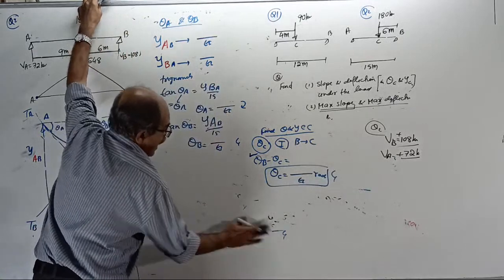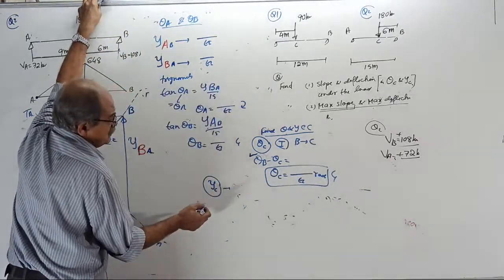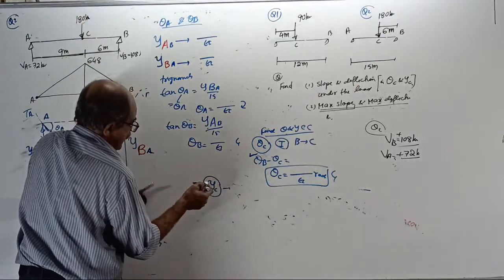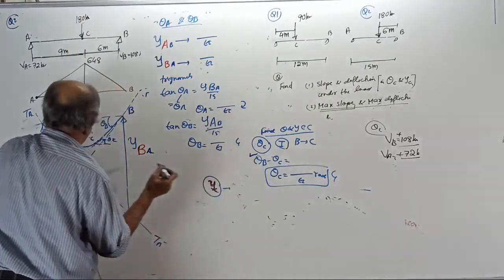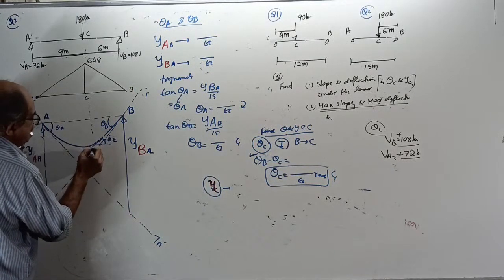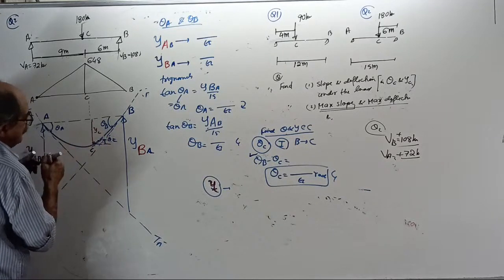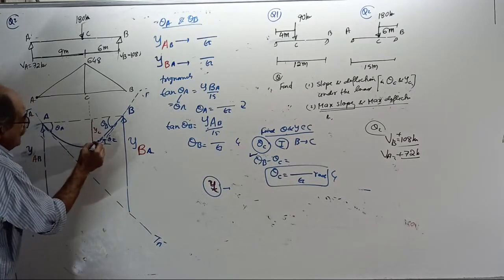Then lastly, to find the deflection at C, it is directly not possible. You find the deflection at C, in red color I will write, YC. Only today, red color. This is C. This YC is required. Tomorrow Y maximum. What you do is, find the small distance.